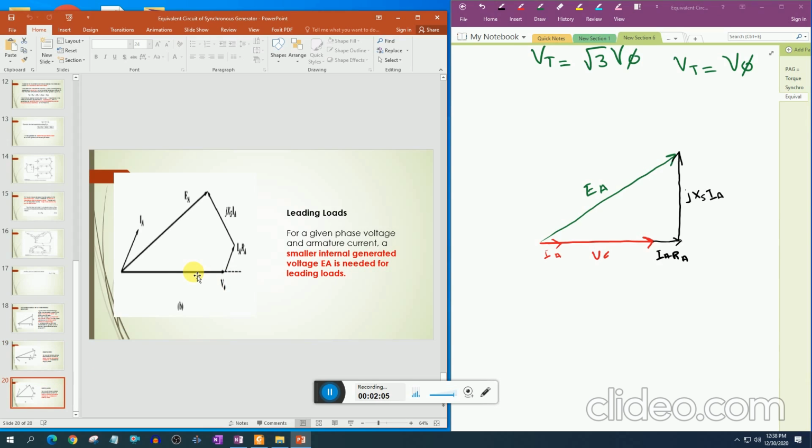Here Ia is leading V phase, and when you draw it, you can see the internal generated EMF is now less than V phase. So for leading loads, for a given phase voltage and armature current, a smaller internal generated voltage EA is needed.